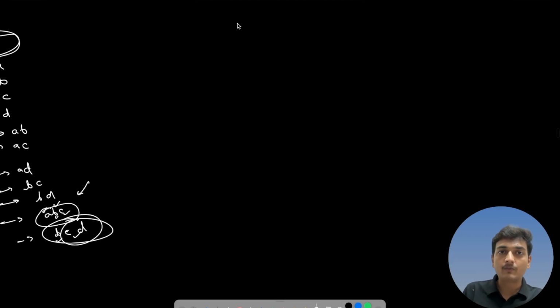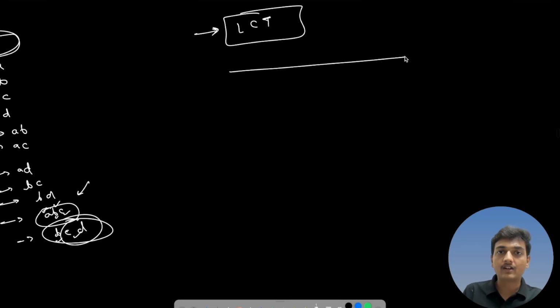So we have to find how many subsequences of LCT are in our string. Let's say we have a very long string. How many times can we find this LCT in our string? It can be like there are some characters X, Y, then C, then Y, then L, then T. So how many subsequences of LCT are there?